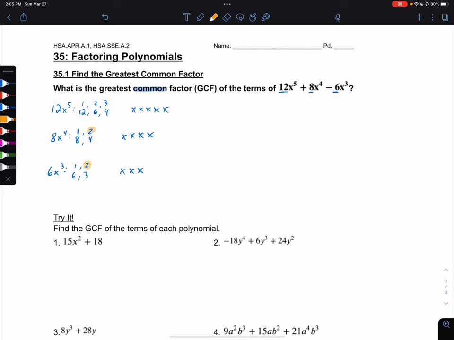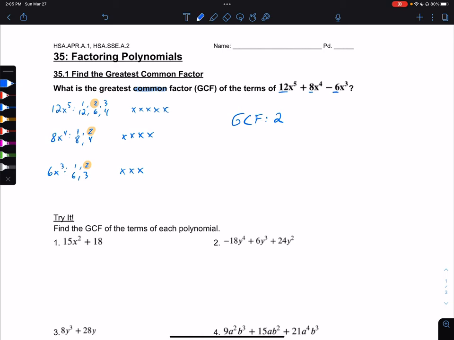And then 2 goes into all 3 of them. So our GCF is going to be a 2, and then we have to look at the variables. Notice that they all do have a common factor of 1, but we're looking for the greatest common factor, so 2 would be a greater number. So we're going to use a GCF with the number 2.